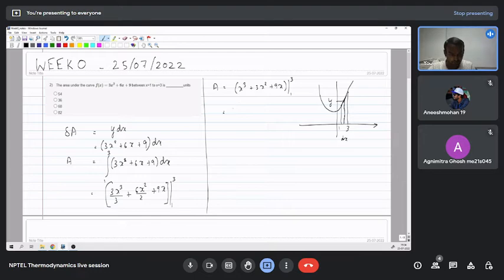Applying the upper limit, 3 cube plus 3 into 3 square plus 9 into 3, minus the lower limit, 1 cube plus 3 into 1 square plus 9. We have for the upper limit 27 plus 27 plus 27 minus 1 plus 3 plus 9.